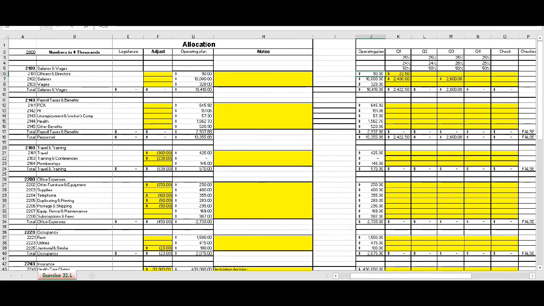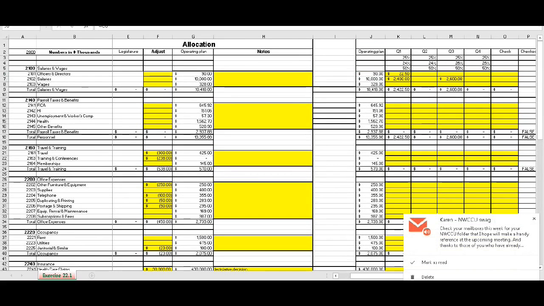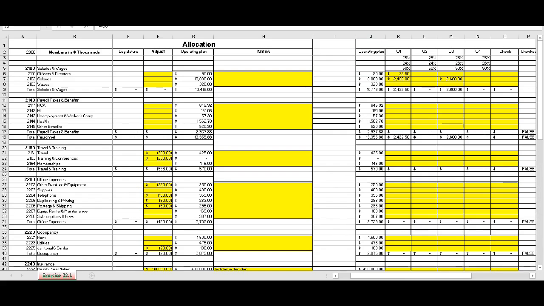Okay, now payroll taxes and benefits. I'll just do one of these so you can see how this works. So essentially, what you're going to do, like for quarter 1, and for your FICA, all right, you're going to multiply.